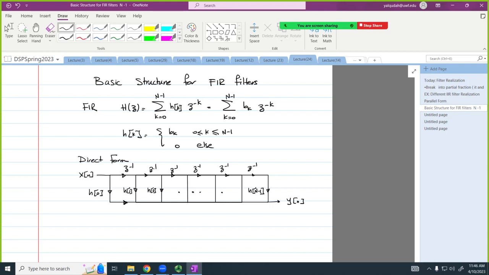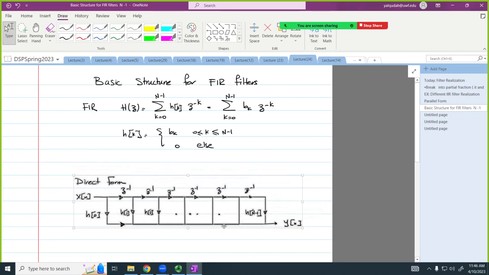And probably I should have also written the expression for the convolution. So if you look at the output of the filter, y of n is going to equal the summation from k equals 0 to N minus 1, h of k multiplied by x of n minus k, which is the convolution of the impulse response of the filter with x of n.